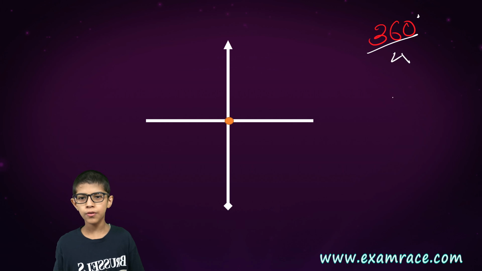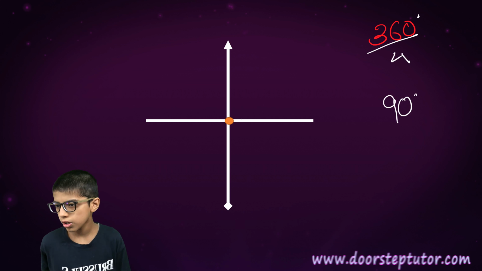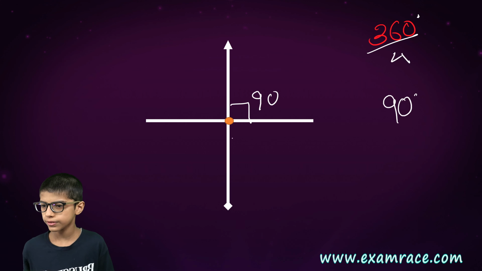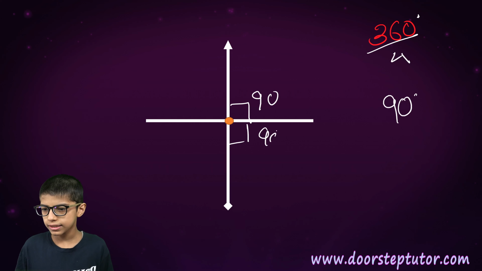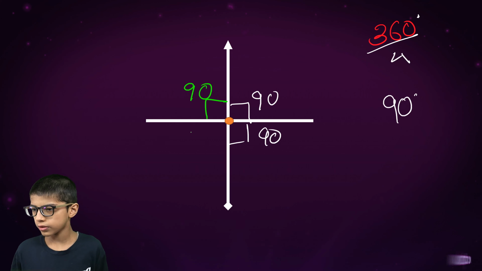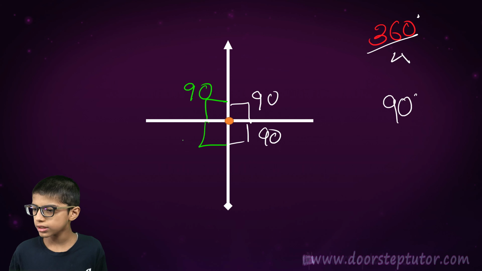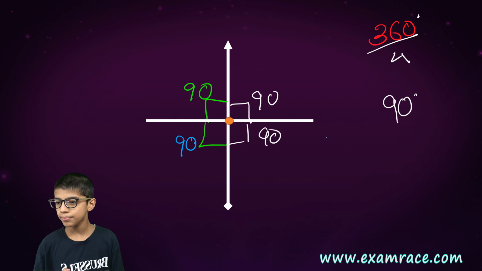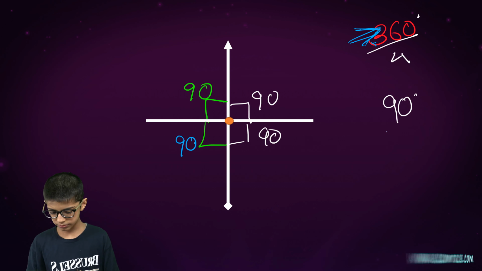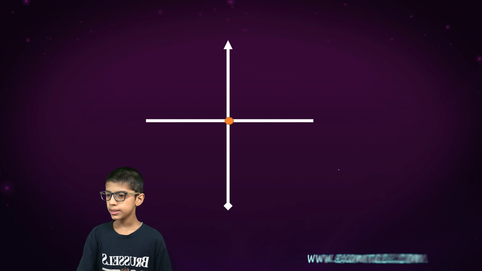Yes, it would be 90 degrees. So, you come to know that each angle here would be 90 degrees. If all the angles are 90 degrees, what would be their sum? Yes, the sum would again come to 360.